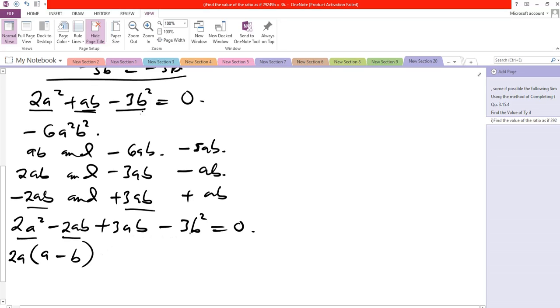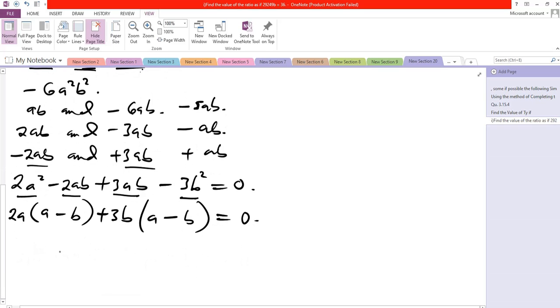Now what is a common term between this and this? The common term I can see is plus 3b. So if you use plus 3b to divide plus 3ab, you have a. If you use plus 3b to divide minus 3b square, you have minus b. This will be equal to 0. Now between these two terms, we have a common factor.